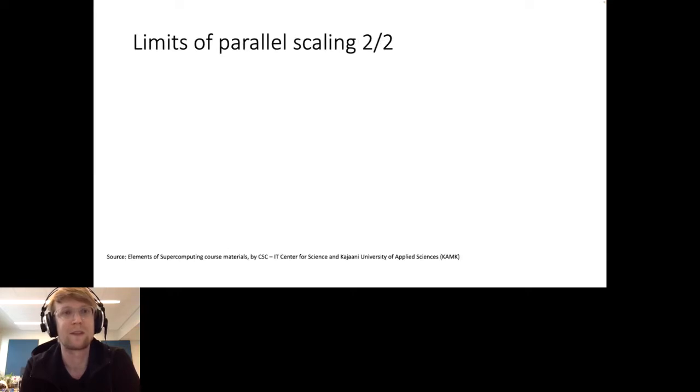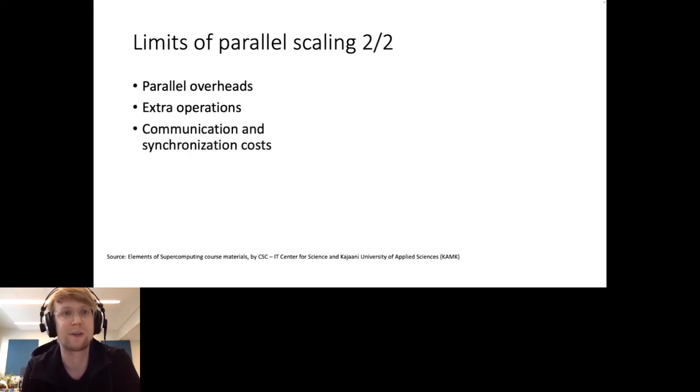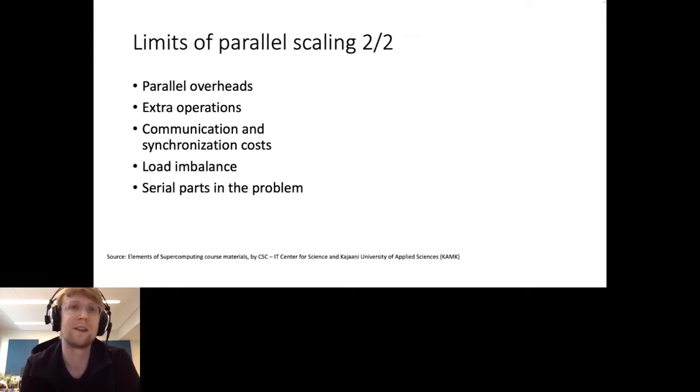And there are different things such as parallel overheads, extra operations, communication and synchronization costs, load imbalance, and serial parts in the problem that limit the ideal world of parallel computation.